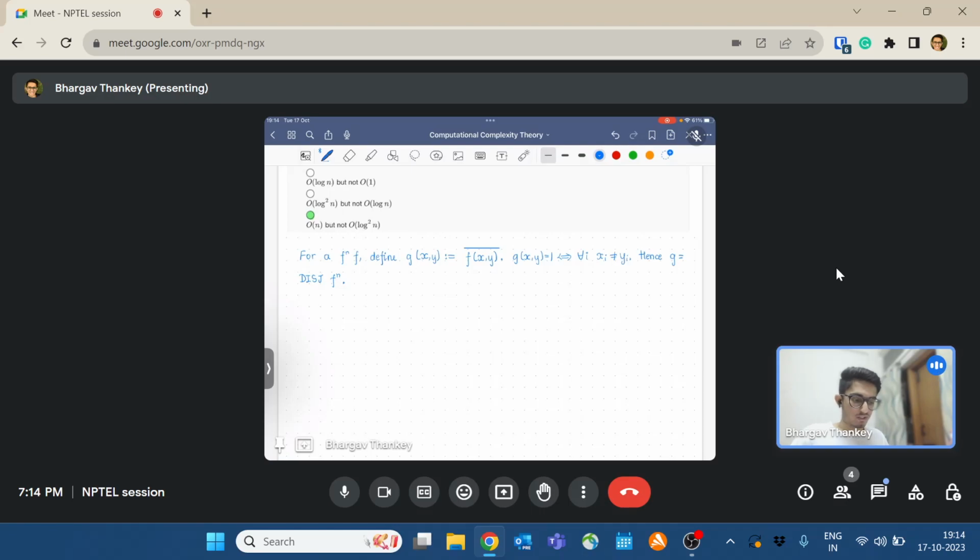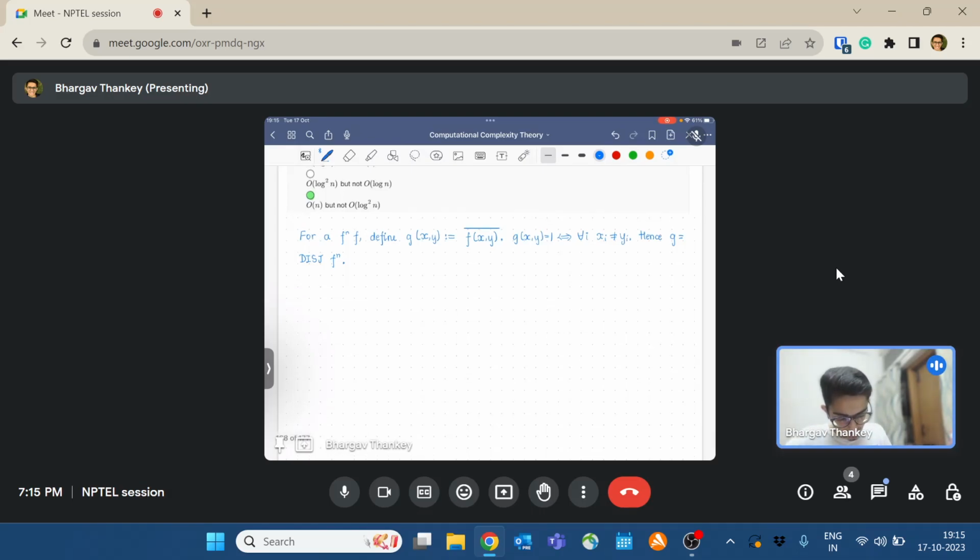So now what we're going to do is show that if you have a protocol for G, you can use it to consider a protocol for disjointness. That would mean that the communication complexity of G must be omega n, at least as large as the communication complexity of disjointness.